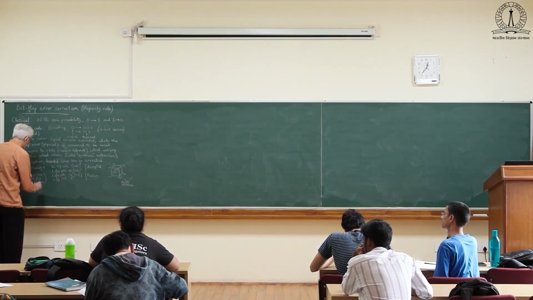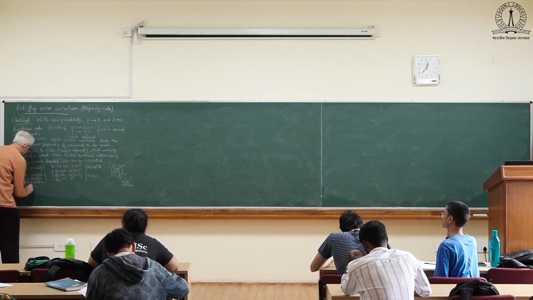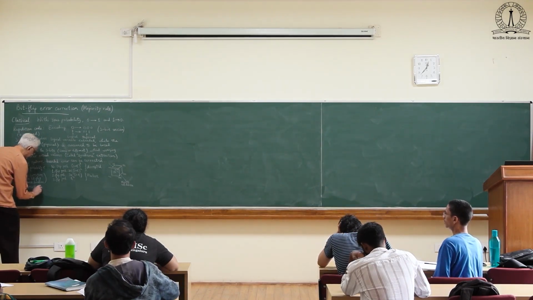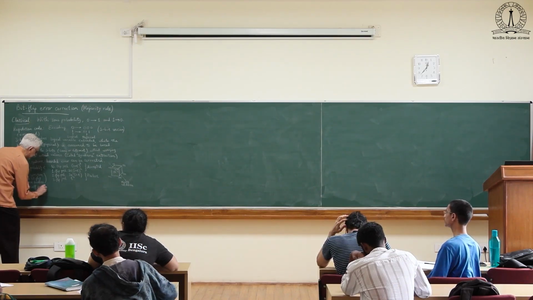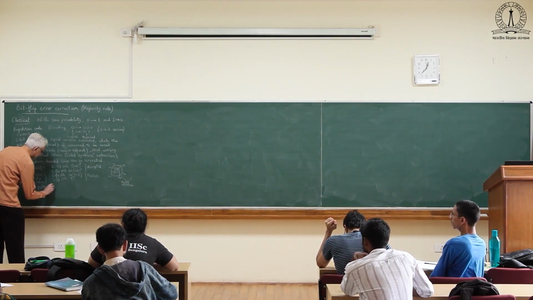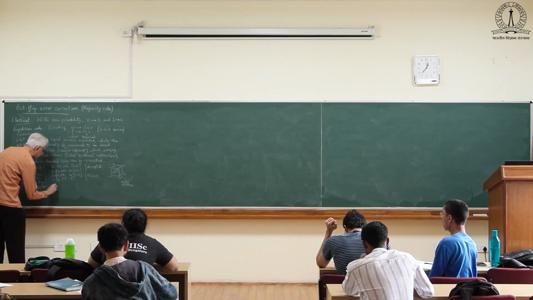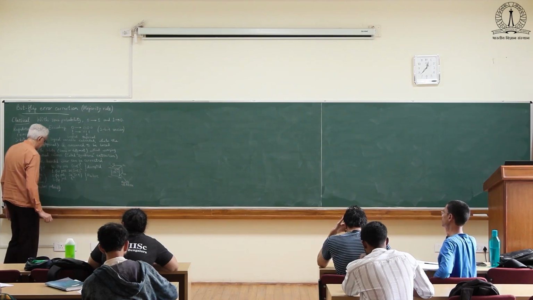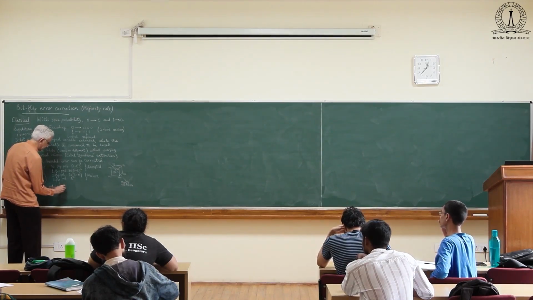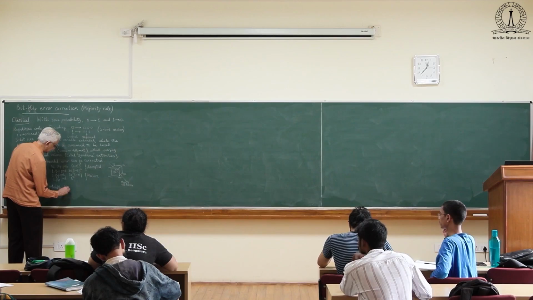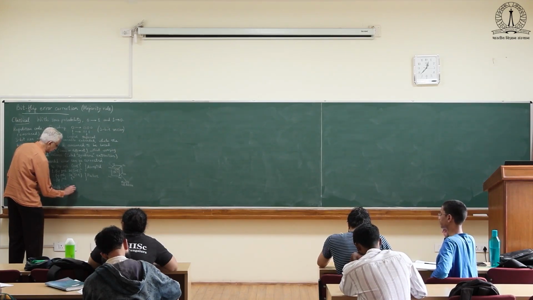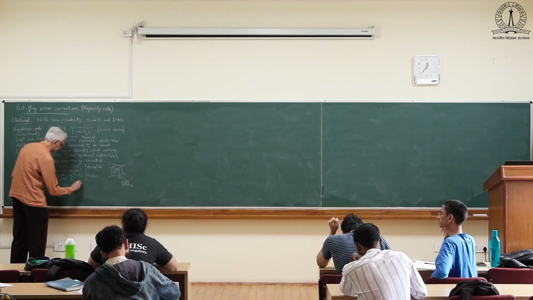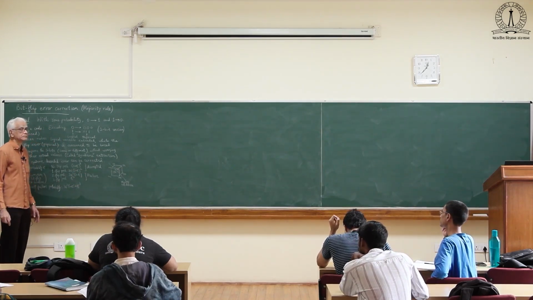The overall failure probability is 3 epsilon square times 1 minus epsilon plus epsilon cube.